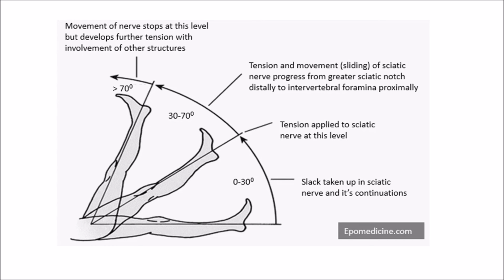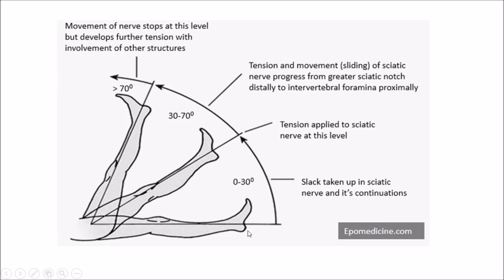So this is the straight leg raise test, which is the SLR. There are different degrees, like when you lift the leg to 30 to 70 degrees. Tension and sliding movement of the sciatic nerve progress from the greater sciatic notch distally to the intervertebral foramina proximally, and tension to the sciatic nerve is applied at this level.